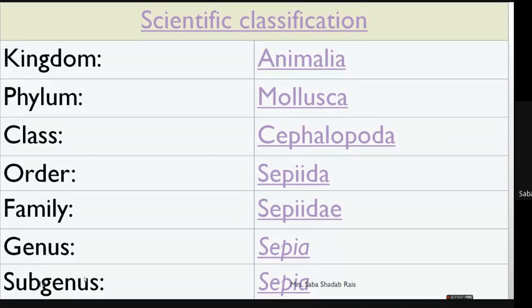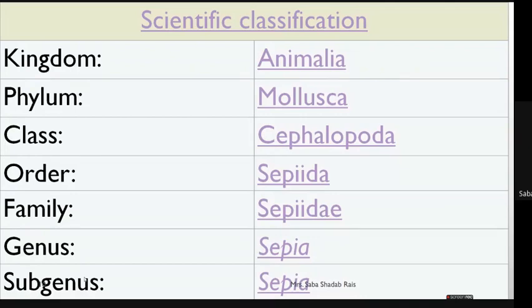Whatever animals we are going to learn, all belong to the kingdom Animalia. Then phylum is another level, the second level.